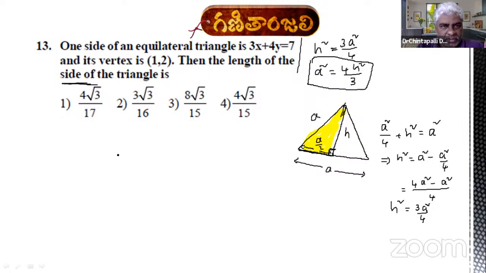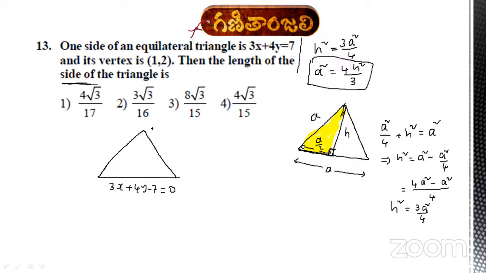Now, coming to the problem. It is an equilateral triangle. Let that side be 3x plus 4y minus 7 equals 0. One vertex is (1, 2).